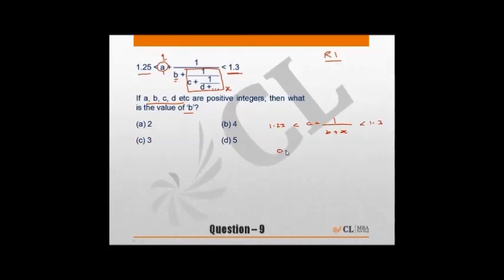Or in other words, because a is equal to 1, if I subtract 1 from both sides, 0.25 should be less than 1 upon b plus x, less than 0.3. Okay, so what is x? x is equal to 1 upon c plus 1 upon d plus 1 upon, and so on and so forth.